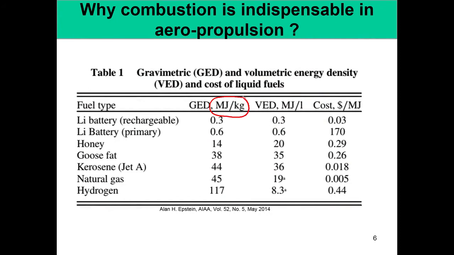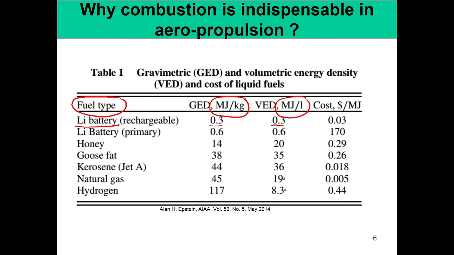The answer lies in the energy density, the gravimetric and the volumetric energy density. What you see here are numbers in megajoules per kg and megajoules per liter, and on the left hand side of this table I have the fuel type. For a lithium ion battery, the gravimetric energy density is about 0.3 megajoules per kg, and the volumetric energy density is also 0.3 megajoules per liter.